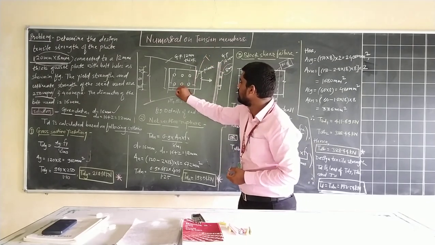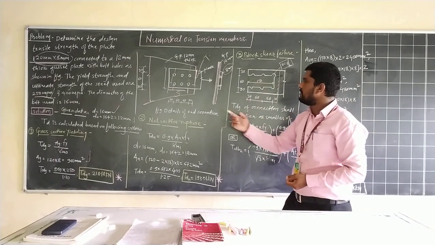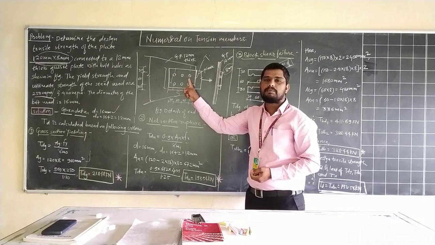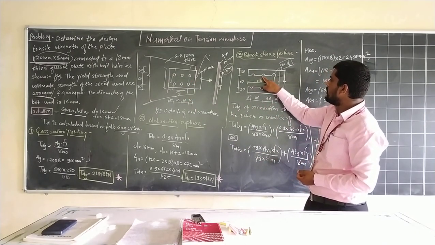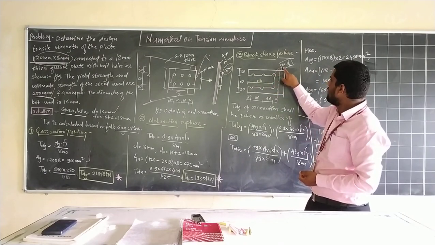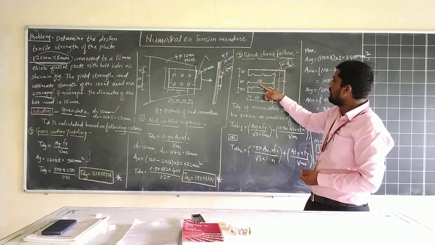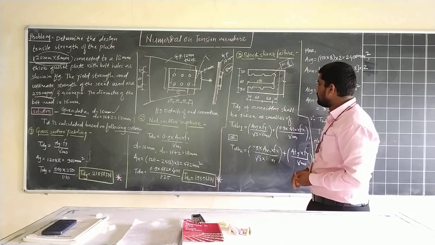So we have considered the block shear from this edge to the center of the outermost bolt, that is, for the last third bolt the radius is equal to diameter divided by 2. Again, this is the mirror image given on the bottom side.